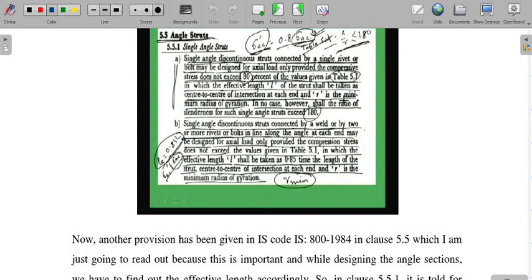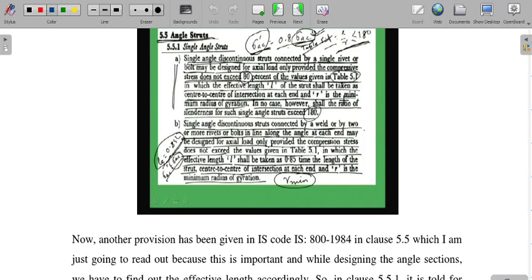In a single angle strut, it may be either a riveted connection or a welded connection. In a riveted connection, there may be only a single rivet or two rivets. A similar condition may occur in the case of a double angle strut: with single rivet, double rivet, or welded connections.